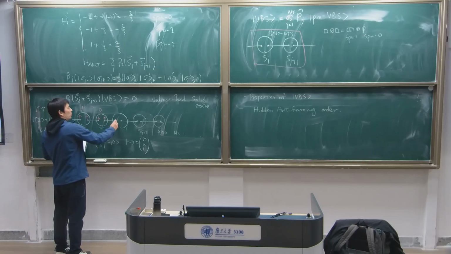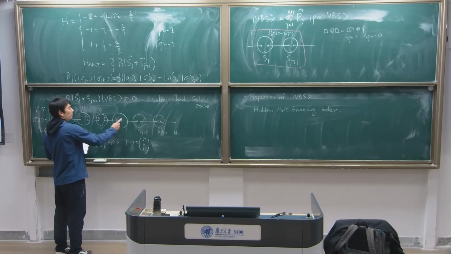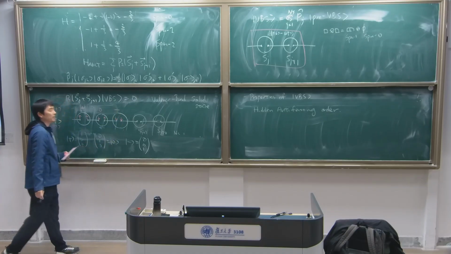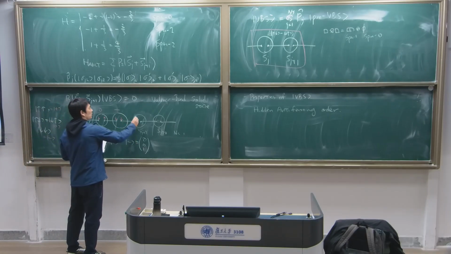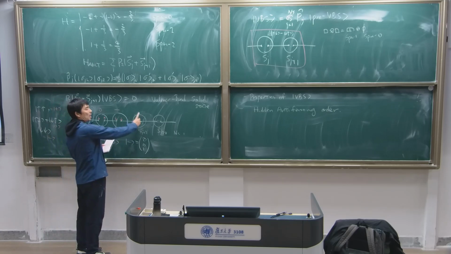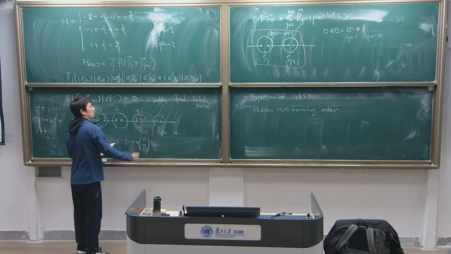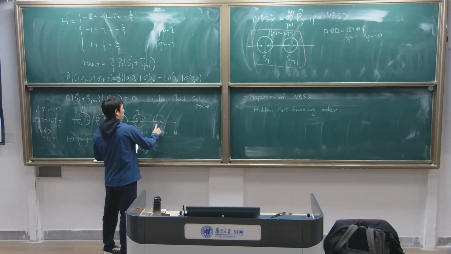Now if you move on to here, you have to have a spin down. And then here you can have either a spin up or spin down. Suppose you have a spin down, you have a minus. And since you have to be spin 0 here, it has to be spin up. So you can have either spin up or spin down. Suppose you have a plus, and you can continue the game.